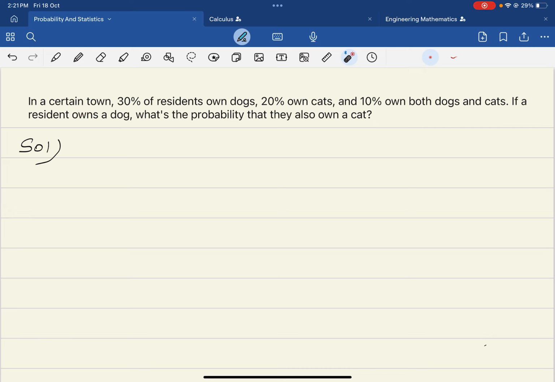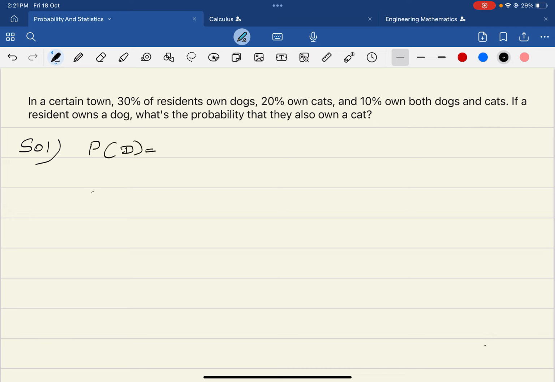In a certain town, 30% of the residents own dogs, 20% own cats, and 10% own both dogs and cats. If a certain resident owns a dog, what is the probability that they also own a cat? So, what was given? Let us write down one by one. Resident owning a dog is how much?